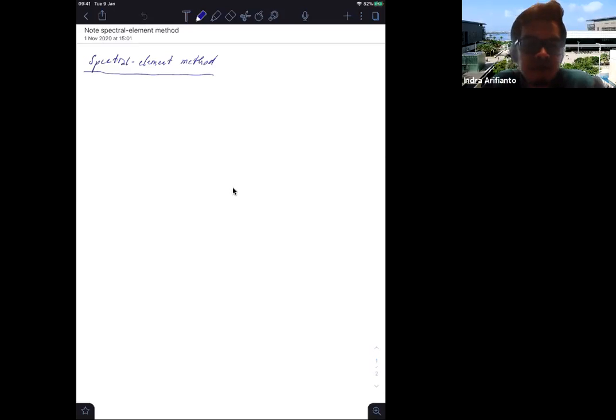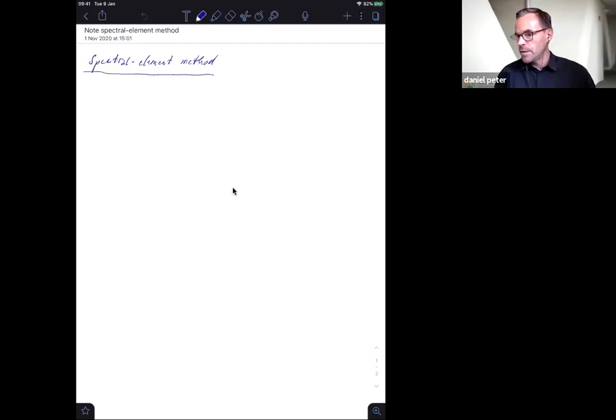Good. The first thing I want to mention is that the method is a weak form method. Again, you can look into your notes. I pretty much have the same notes as the PDF that you have now. I just try and highlight these points which are important.